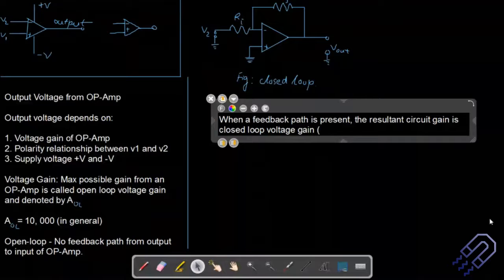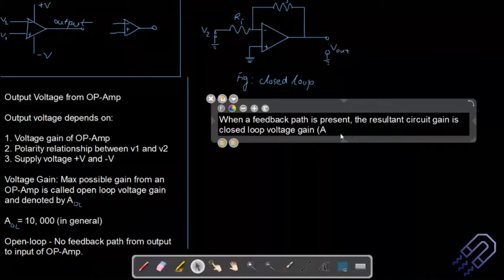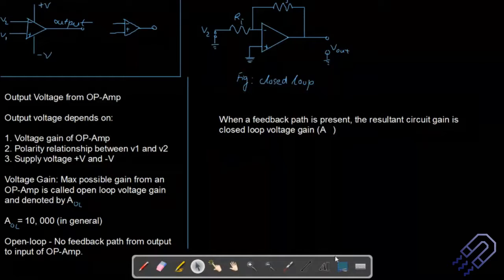There are devices where you in fact apply feedback to the circuit. Then the power or energy needed to keep the circuit driving is much less. This is an advantage of having a closed loop circuit. We can write it as CL, closed loop.